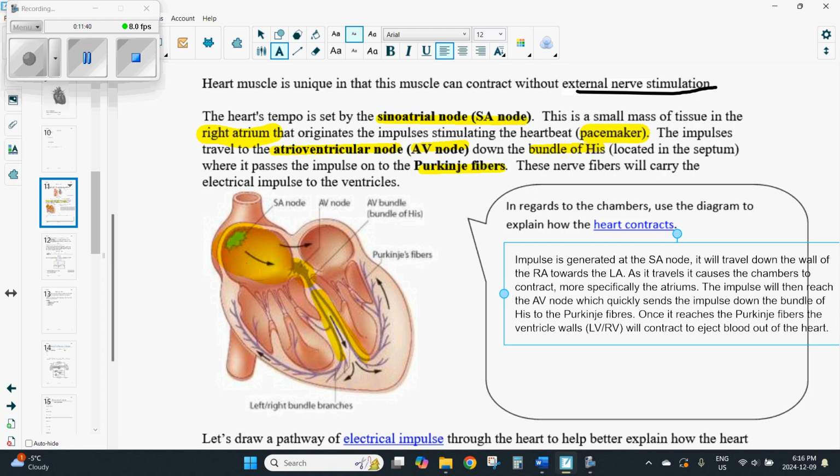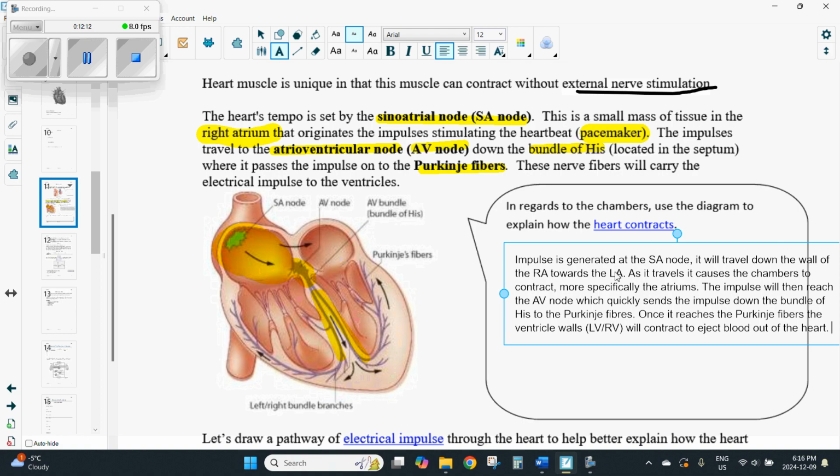The pressure of the atriums contracting causes the atrioventricular valves to open up and allow the blood to pool into the ventricles. Valves are very important in the circulatory system because they prevent backflow. We want to make sure our valves are working properly because we want that one-way flow of blood. If you do not have a one-way flow of blood, that causes a lot of issues.